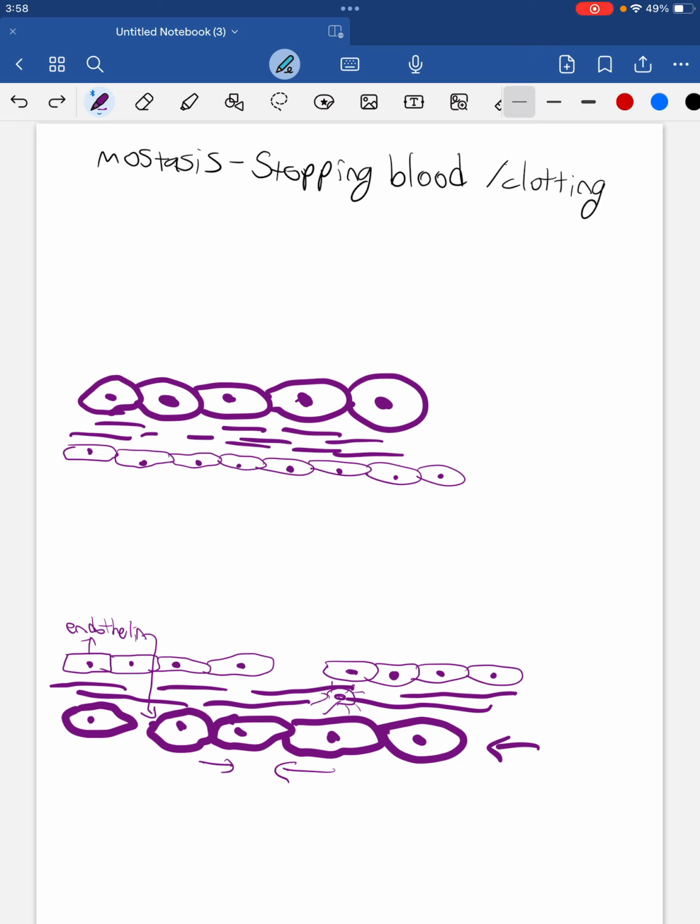Then we have platelet plug formation. Okay, so platelets want to bind to collagen fibers. They don't bind to these endothelial cells. Once these are exposed, right here, now the platelets can bind.